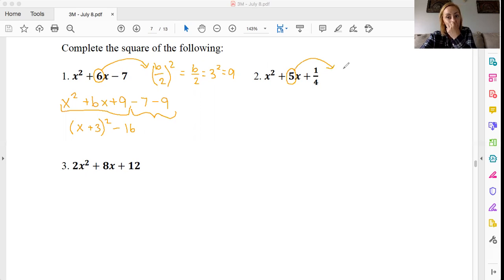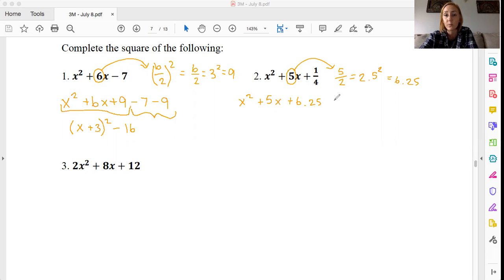Okay, so we're going to take our b. So 5 divided by 2 is 2.5. And then squared is 6.25. So you're going to go back into our equation here. You're going to add it here. I'm going to change this into decimal.